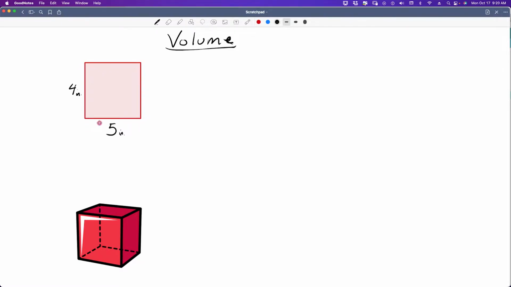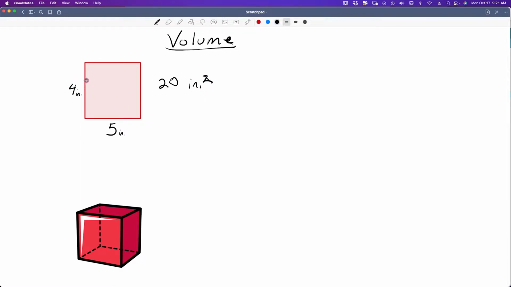We have a rectangle here and it's 4 inches by 5 inches. So the size of this surface is the length times the width, or the height times the width, whichever you want to call it. 4 times 5, that would be 20 inches squared.